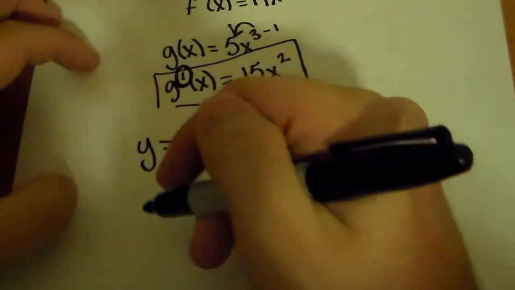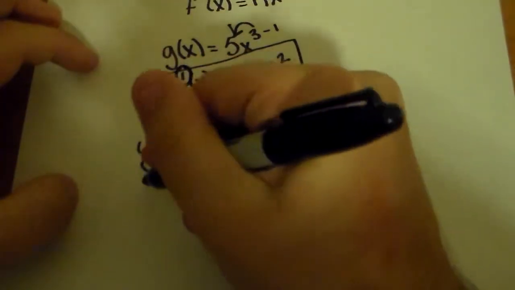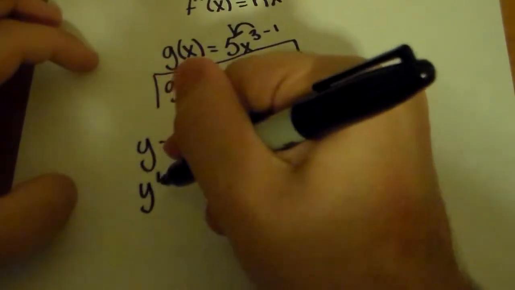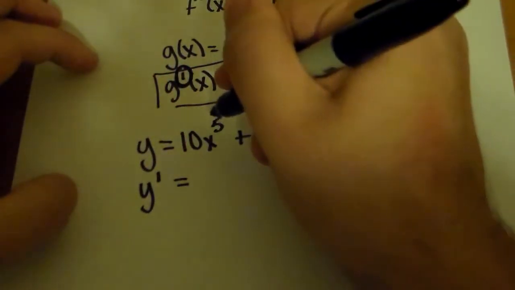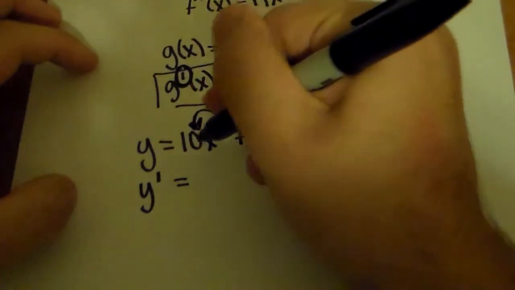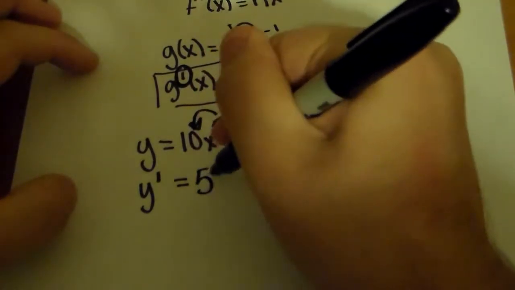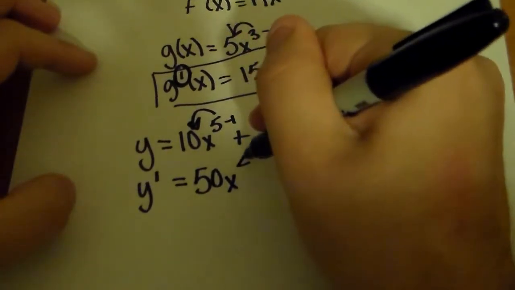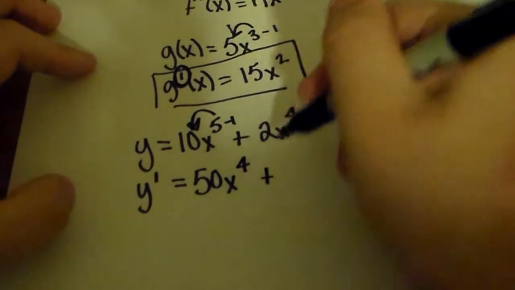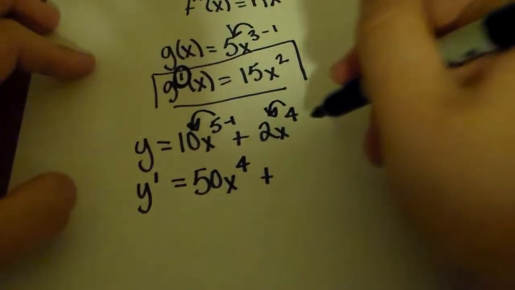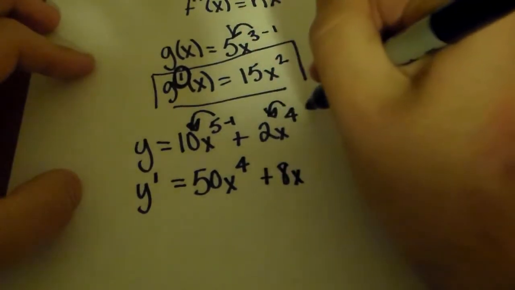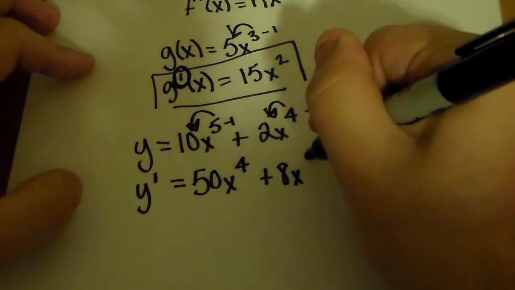To find the derivative of this equation, we will need to do y prime, that's what this is called here, equals, bring that down, 10 times 5 is 50, x, 5 minus 1, 50x to the fourth, plus, bring this down, which is 8x, subtract that by 1, and that'll be 8x to the third.